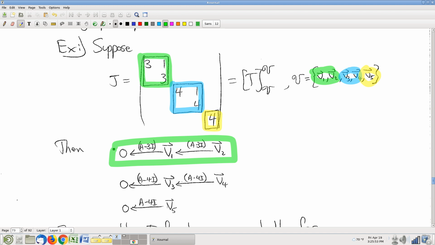Lambda is the eigenvalue for this block. For this block, the eigenvalue is 3, so you notice this is A minus 3I. On the other hand, let's look at this next block. This next block involves those vectors V3 and V4. This is the diagram involving what A minus lambda I does to V3 and V4.